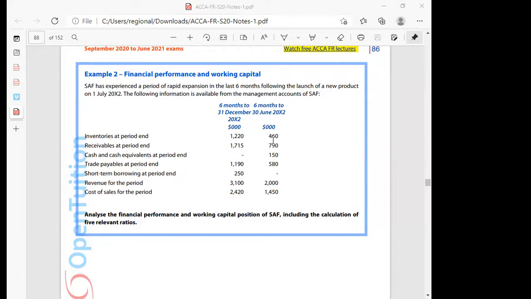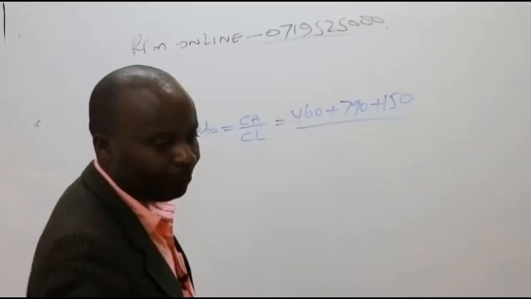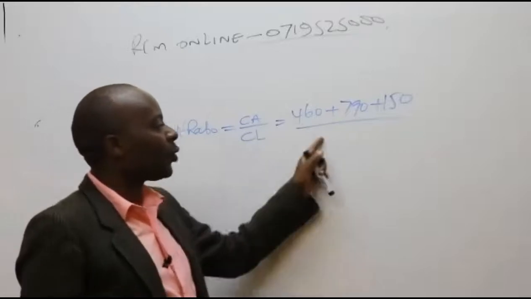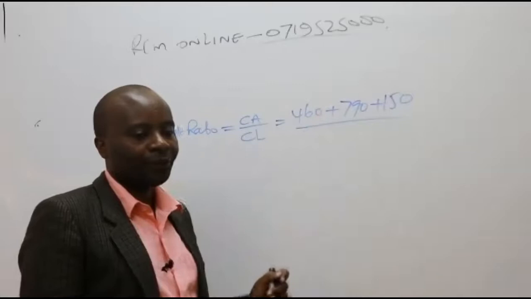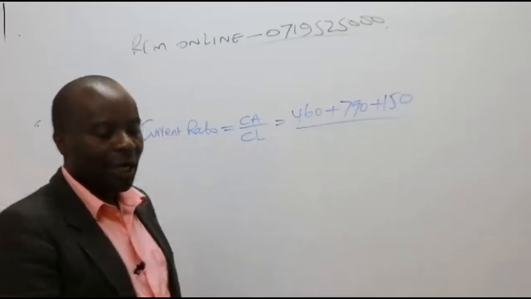June current assets will be 460 plus 790 plus 150. So I've taken the inventory, the receivables and the cash, all over current liabilities.